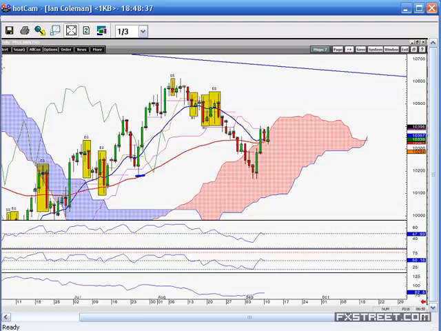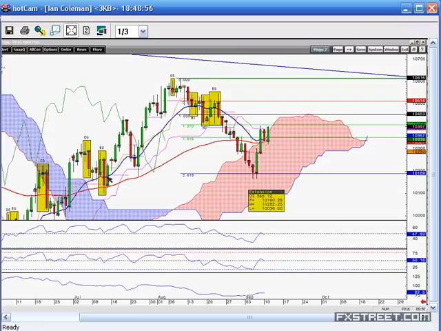So again, we're trading with the trend, but we're also extremely wary of when the trend is going to end. We've got our extension tool. I can't remember where we took it from, was it there? Then we were looking for support around here.